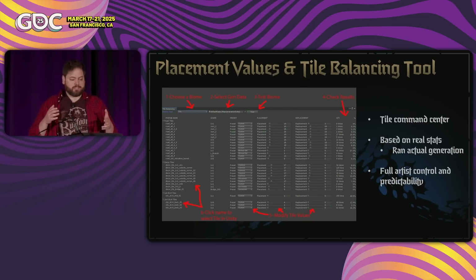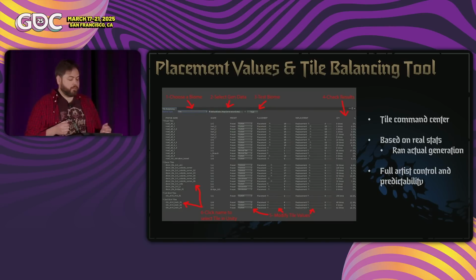This was a command center that regrouped all the tiles for a single biome, all their placement values and priorities, and placed them all into one spot where Marielle could sit like someone at a mix table and adjust all those values in one localized location so that they would now be in context with one another.